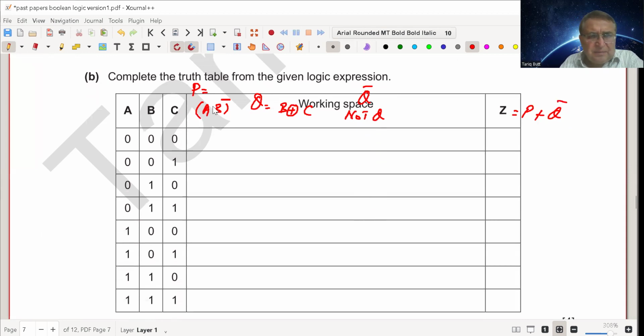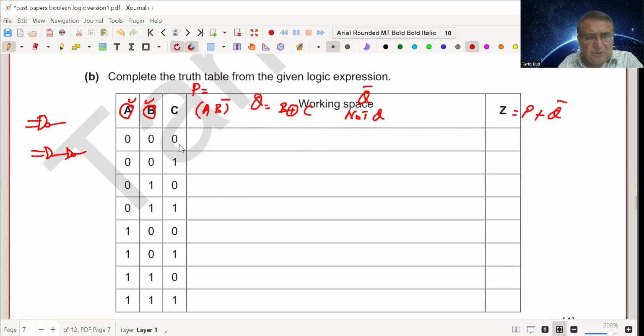So P is A NAND B. So you have to NAND these two columns, A and B. NAND is what? NAND is AND followed by NOT. So you have to AND them and then invert them.